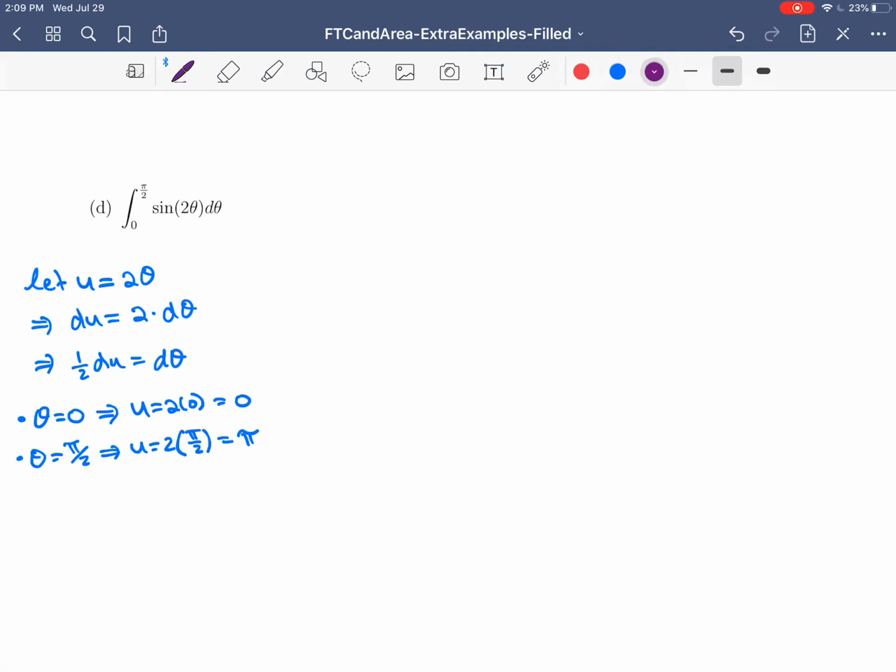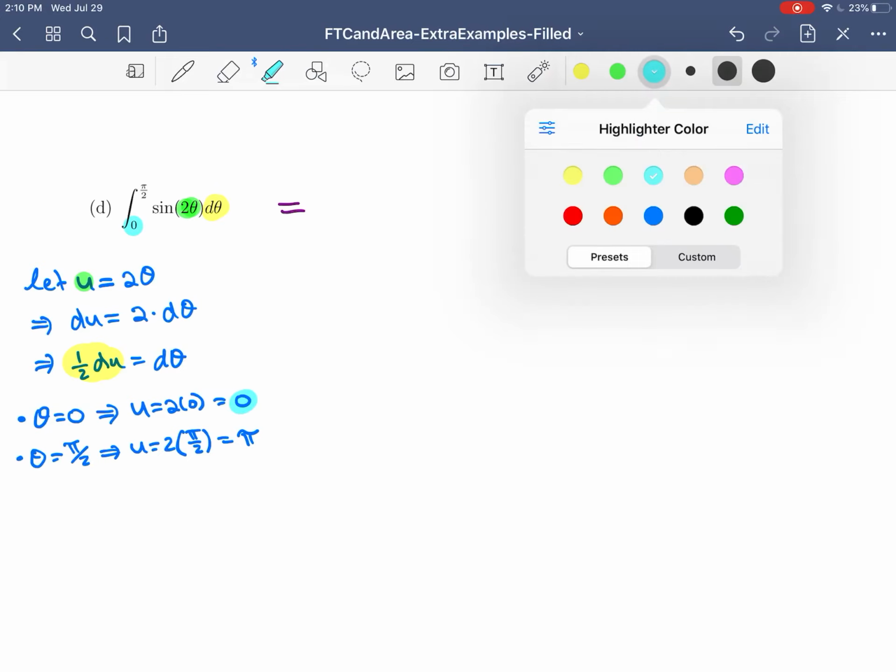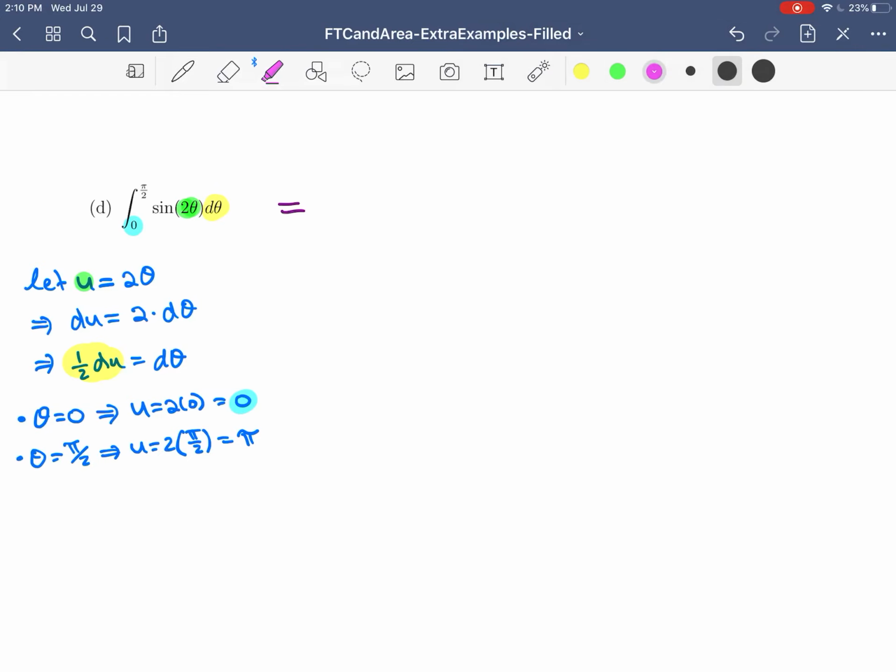So when I do this, the 2 theta is my u, d theta I know is 1/2 du, and then this bottom bound is still 0, and the top bound is now going to be pi. That's how everything's going to change.